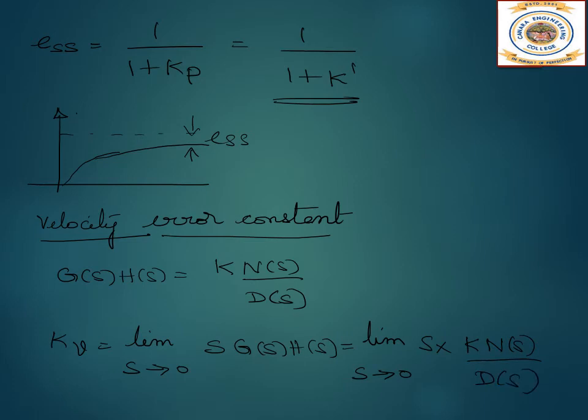See here we have s into something. When I apply limits, the whole thing becomes 0, because this term does not cancel. So what happens to the steady state error? ESS will be 1 by Kv, so it will be 1 by 0. We get an infinite steady state error for a ramp input. If you apply a ramp input for a type 0 system, we are going to get an infinite error.